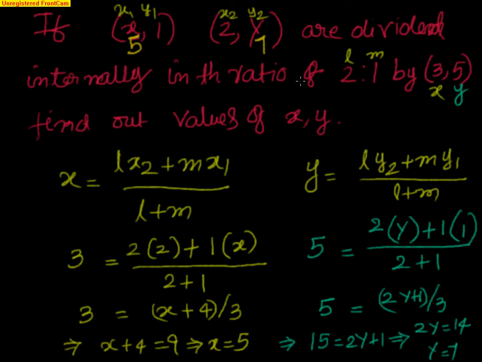You can do that. I'll just check it for you. See here. L into x2, 2 into 2, 4 plus 1 into x, which is the only thing we don't know. X is 5. 4 plus 5, 9. 9 by 3 is 3. Similarly here, 2 into y, 7, 14 plus 1, 15 by 3, 5. So we are good to go.